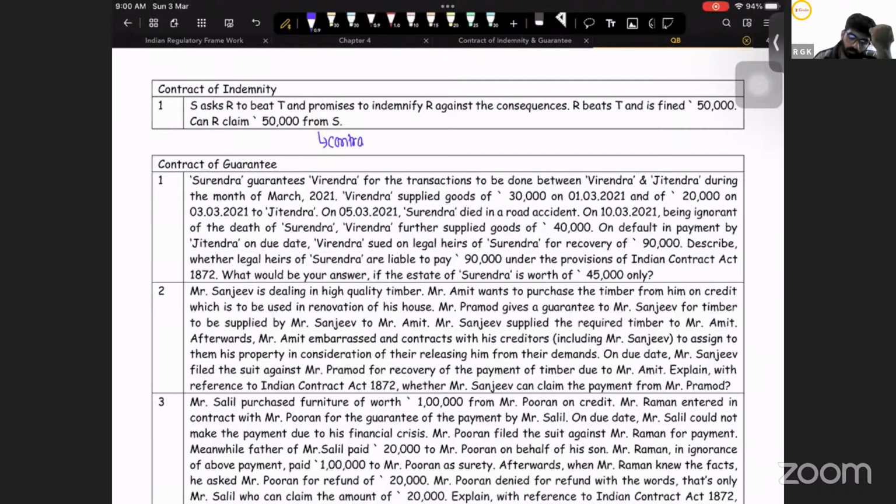Contract of indemnity must fulfill all essential elements of valid contracts.